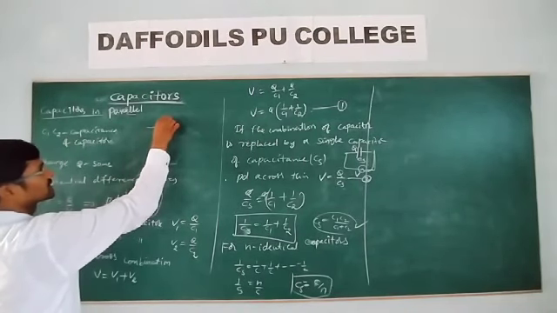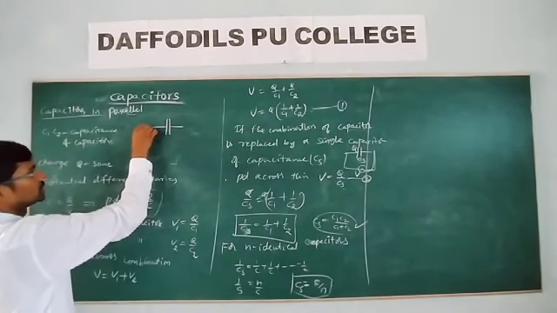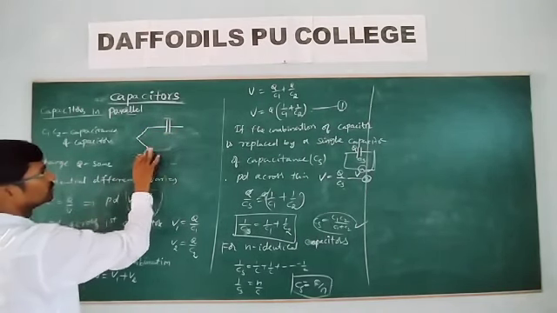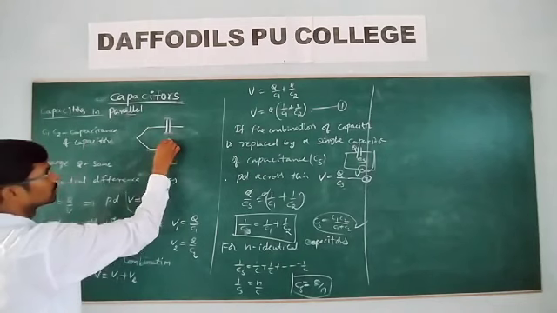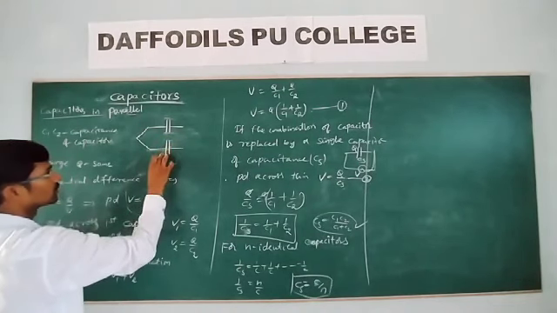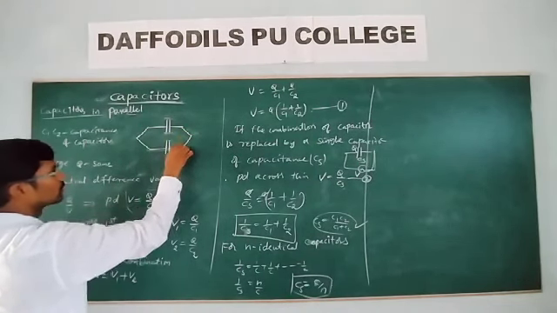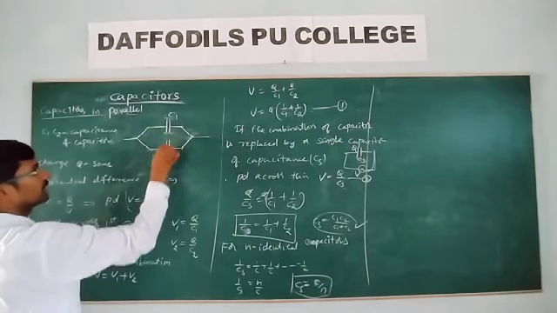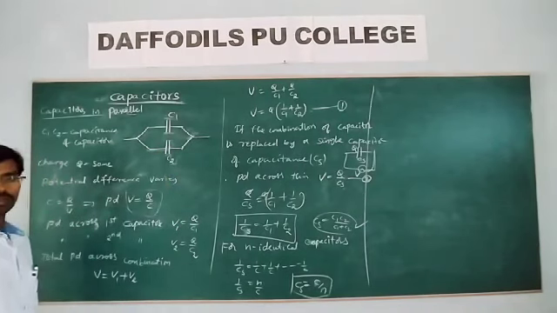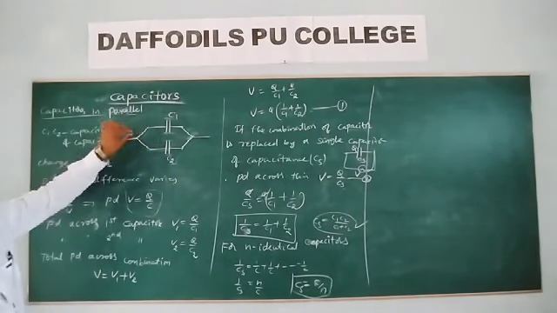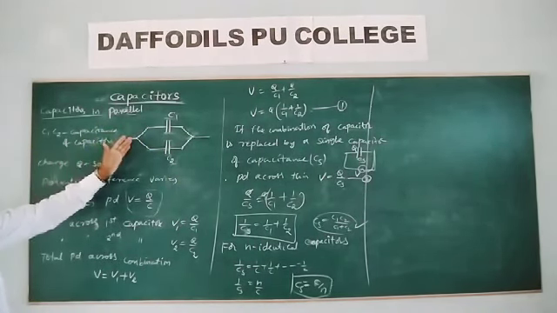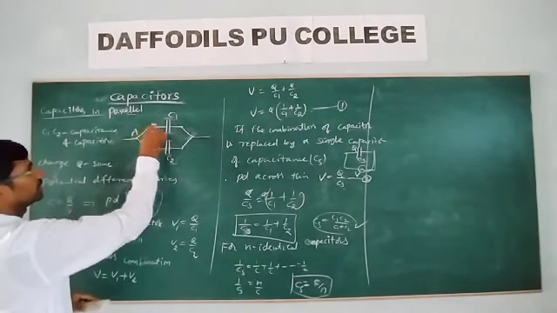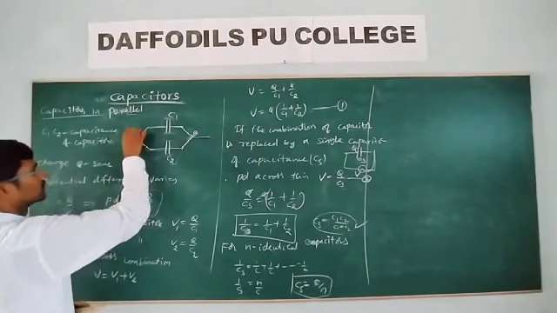This is the first capacitor, and if you are taking one more capacitor, C1 and C2 like that. All first ends are connected to the first terminal, at one end. All second terminals to the other end. Is it okay? A and B.